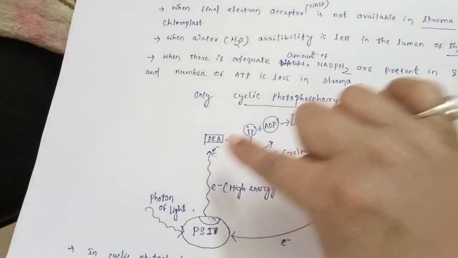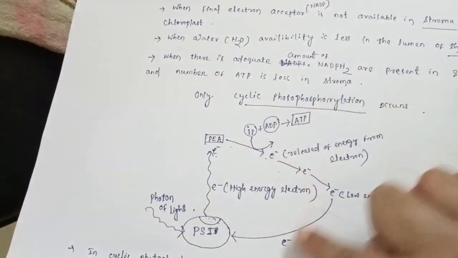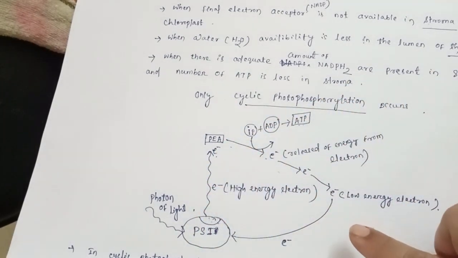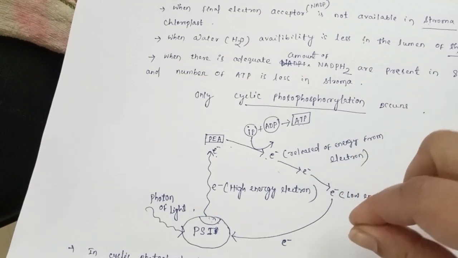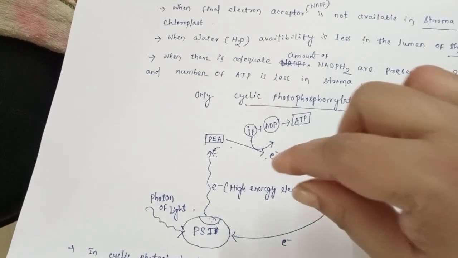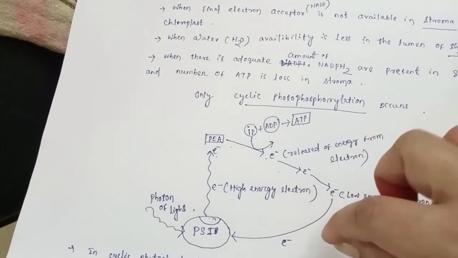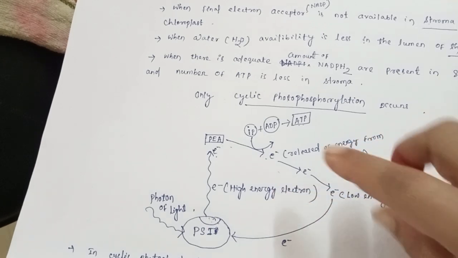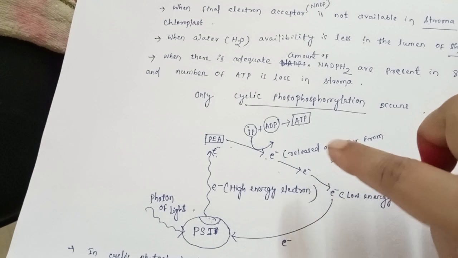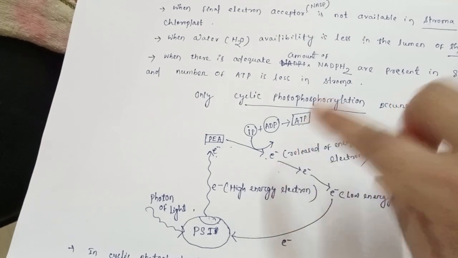This flow of electrons occurs in a cyclic manner, so it is named the cyclic pathway, and the photophosphorylation is named cyclic photophosphorylation.